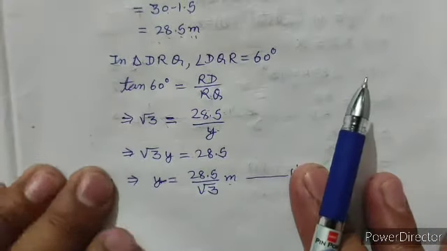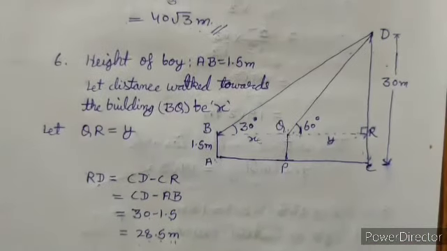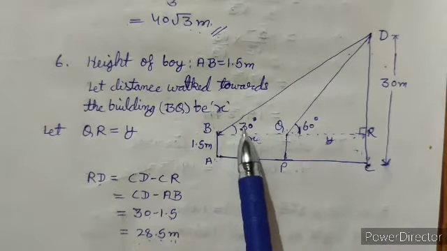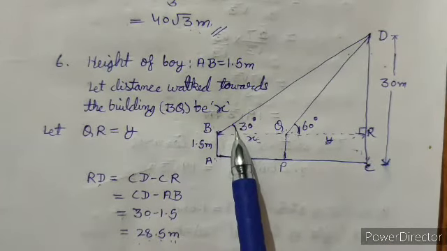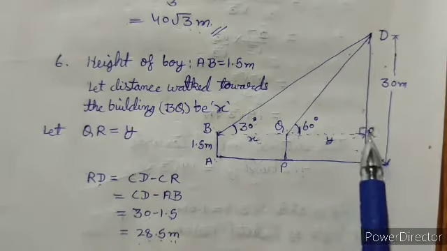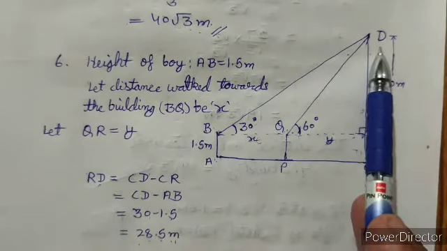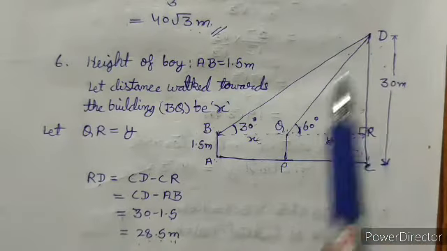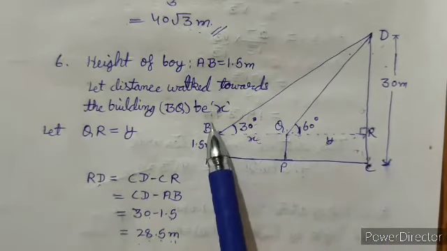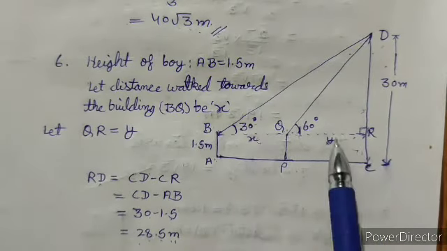Now here, in triangle DRB, angle B is of 30 degree, and for this 30 degree, the given side, that is RD, is of length 28.5 meter, and RB is of length x plus y.